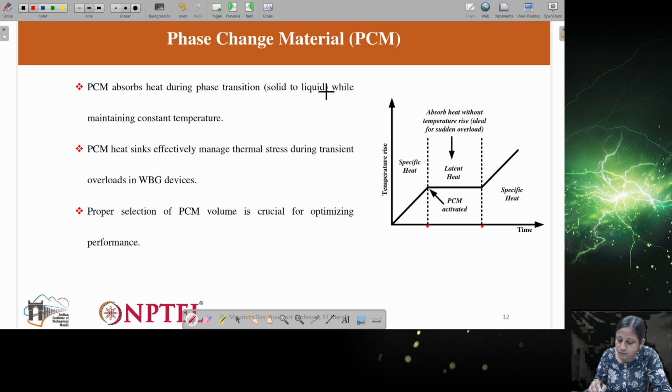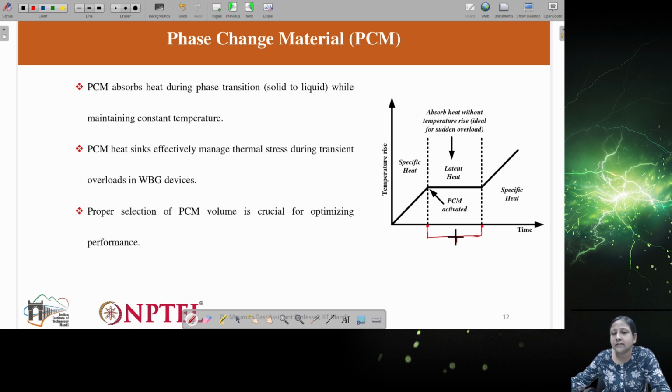Let's say it is going solid to liquid, or liquid to gas. In that kind of condition, the temperature will be constant. So you can see here, absorb heat without temperature rise. So in this particular region, the temperature rise in the device or the system will be constant.